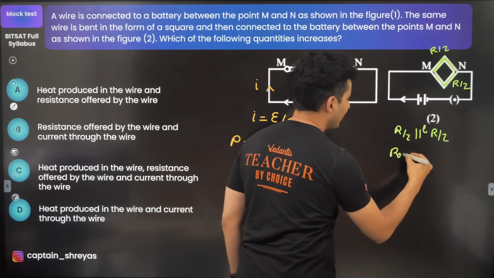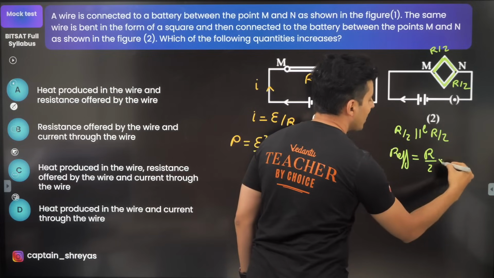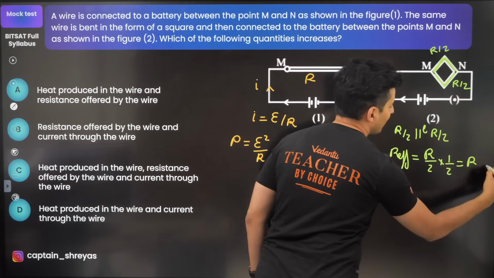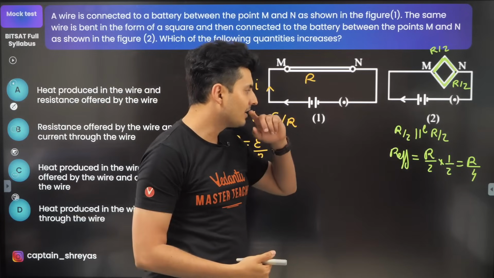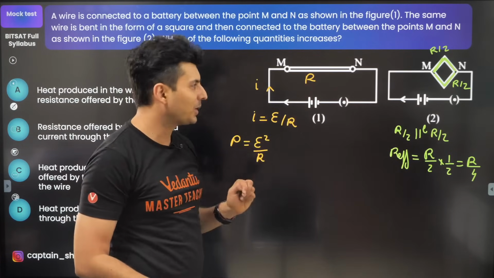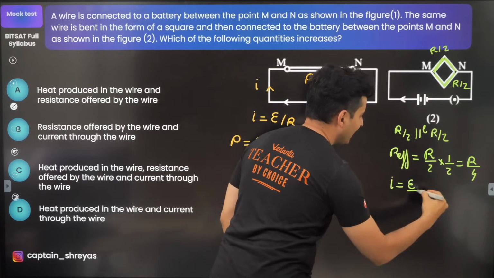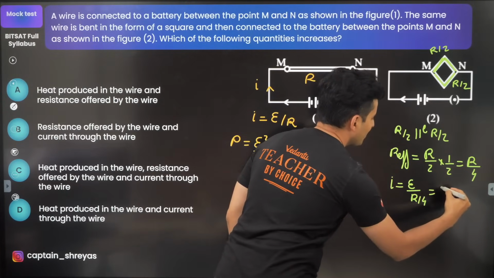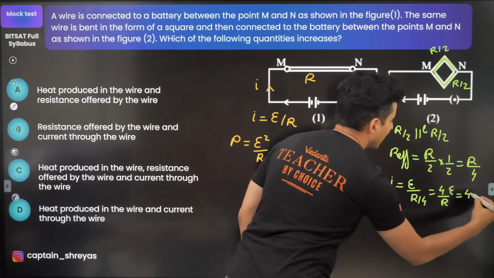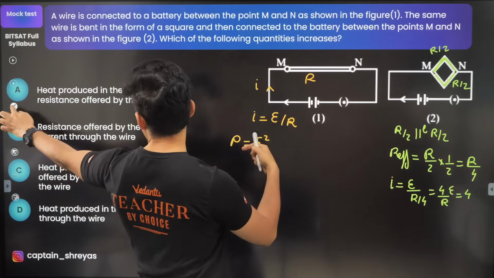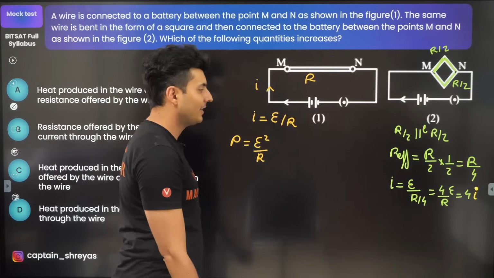So the effective resistance becomes R by 2's half, which is R by 4. You can get it by formula also. Interesting. Resistance has decreased 4 times. So guess what? The current will be E by R by 4, which will become 4 by R into E, which is 4 times of the current which was there originally.